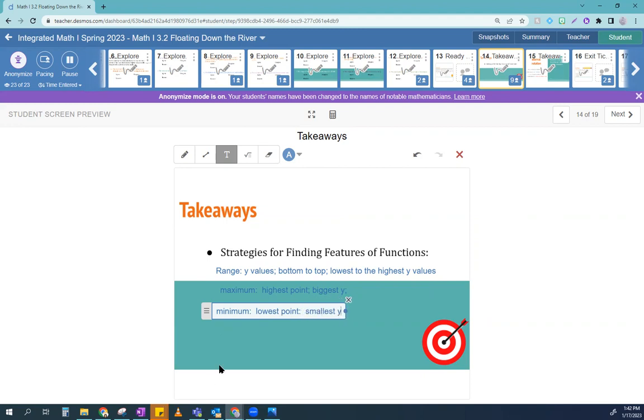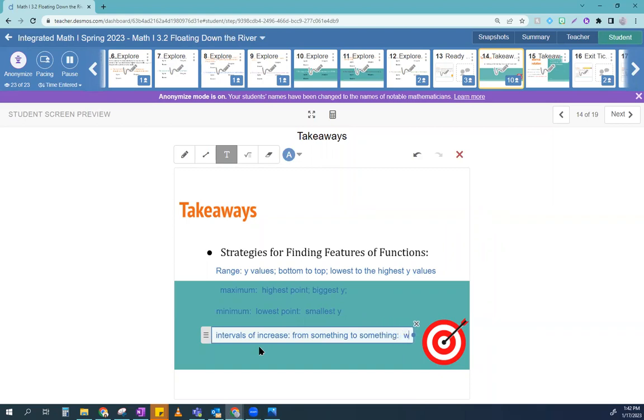We talked a little bit about this, but intervals of increase. What is an interval of increase? First of all, you know what increase is. What's an interval of increase? What does that mean? Think about an interval of time. It's from something to something.